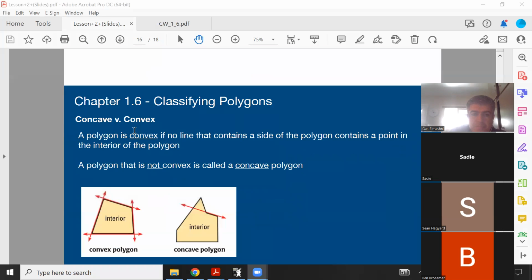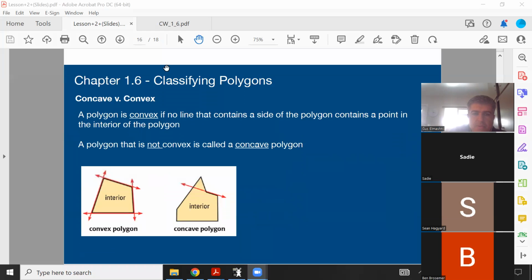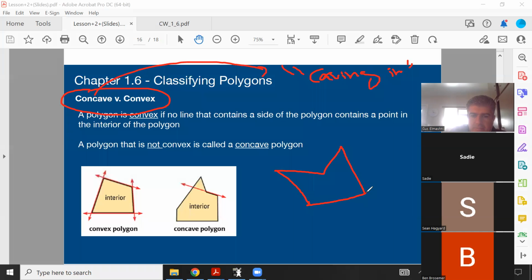Now, another classification we have talked about is concave versus convex. Concave, think of it as caving in. If I drew something kind of like this here, that's concave.